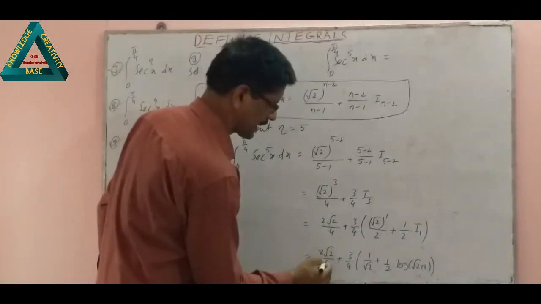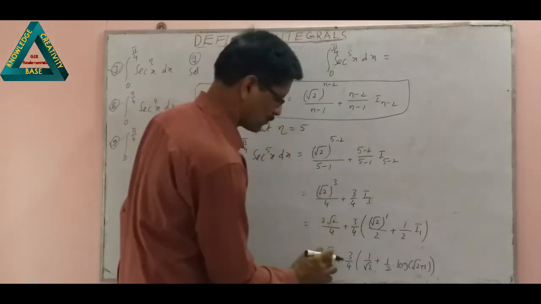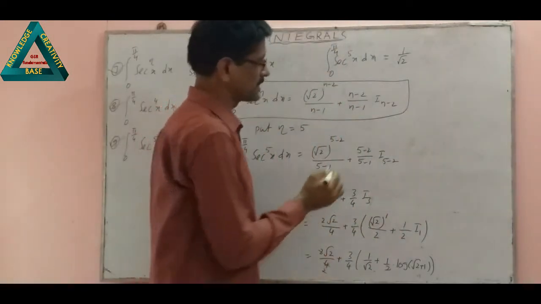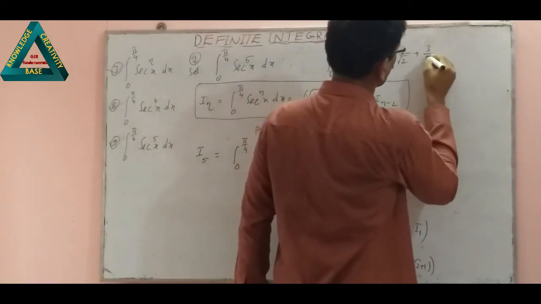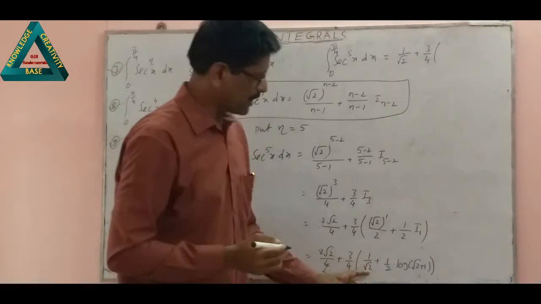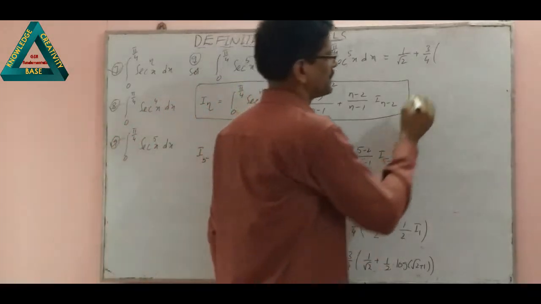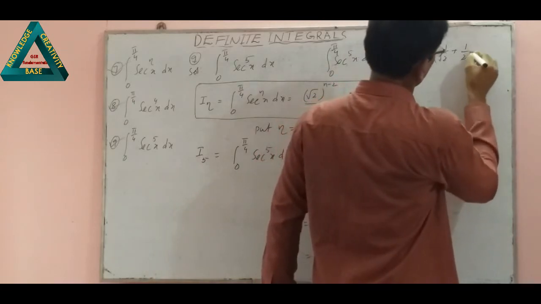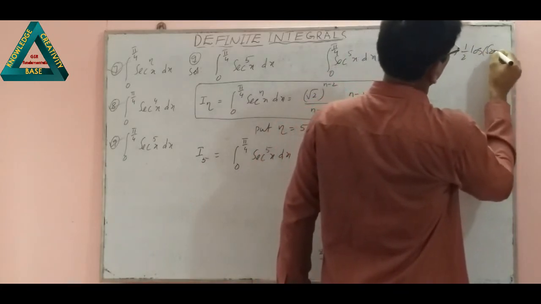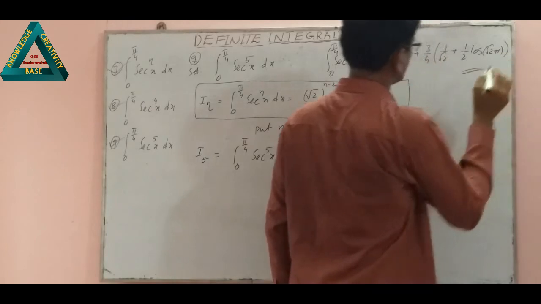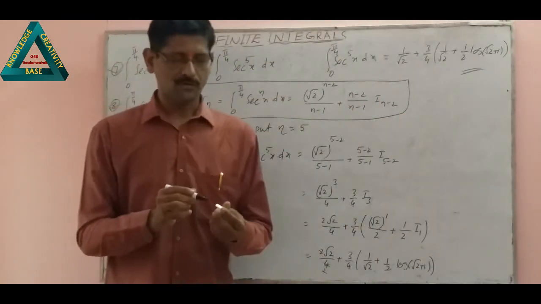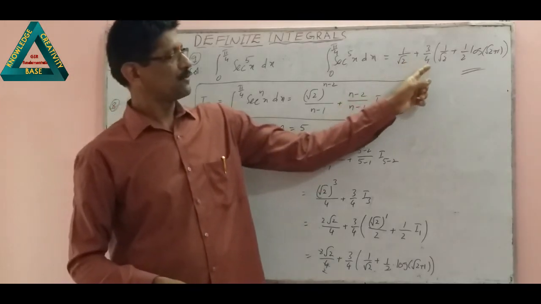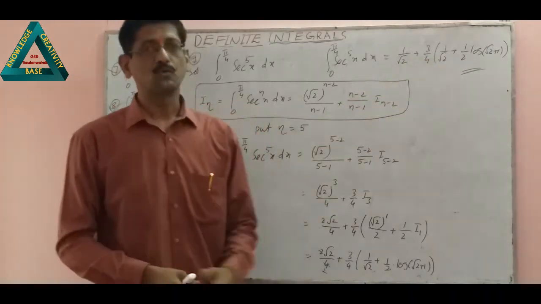So here 2 times, and that equal to 1 by root 2, by simplification we get 1 by root 2 plus 3 by 4 into 1 by root 2 plus 1 by 2 log of root 2 plus 1. So this integral 0 to pi by 4 secant power 5x dx value is 1 by root 2 plus 3 by 4, 1 by root 2 plus 1 by 2 log of root 2 plus 1.